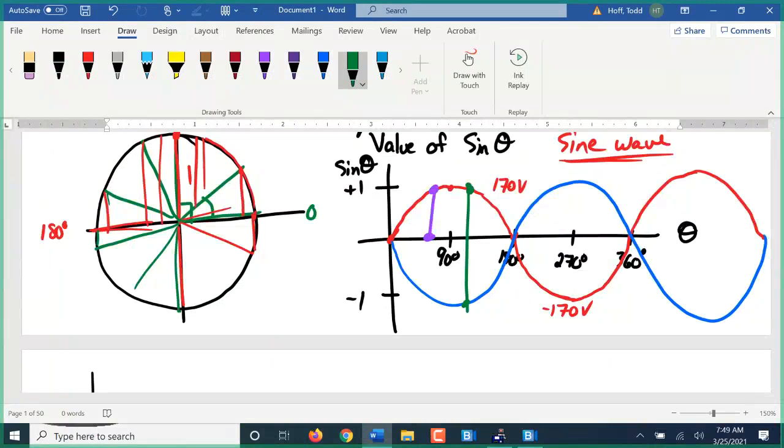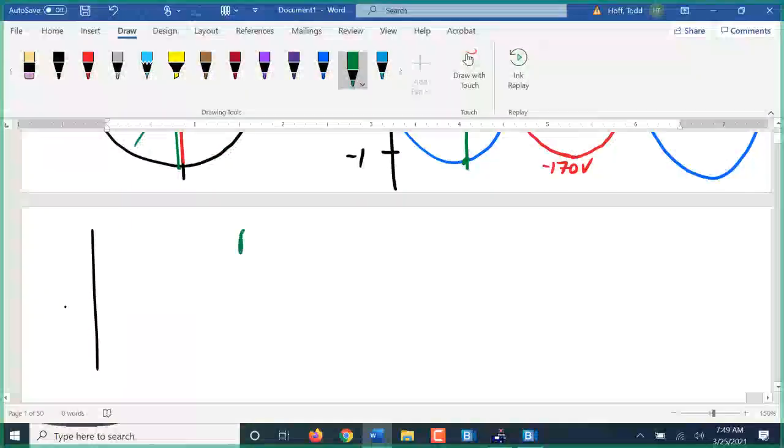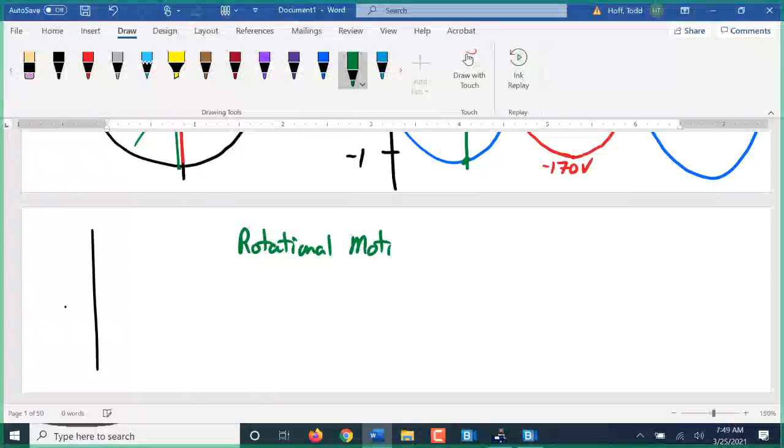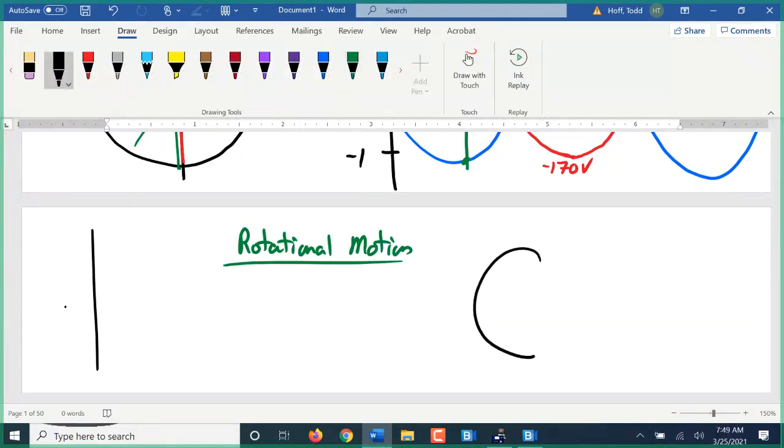It also is used for rotational motion. If I'm looking at a shaft that is spinning, and let's just say there's a keyway on the shaft, and I want to look at the location of that keyway above the center of the shaft, well, at 0 degrees here, it is at the same height as the center of the shaft, so it's at 0.